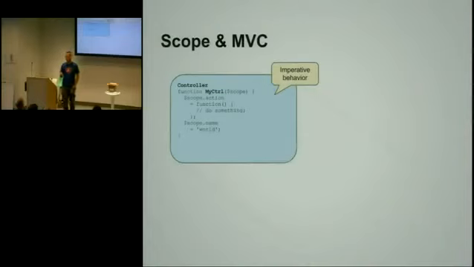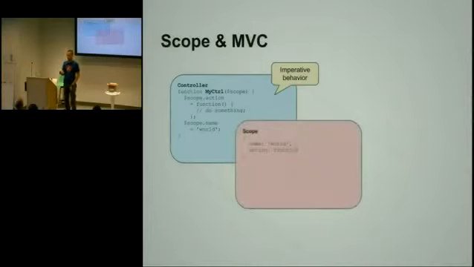Controllers are where all the imperative behavior lives, and controllers publish the model and event handlers onto the scope. So the scope itself is really just an object with some functions, and it contains your model and also event handlers, and these are then available in the template.